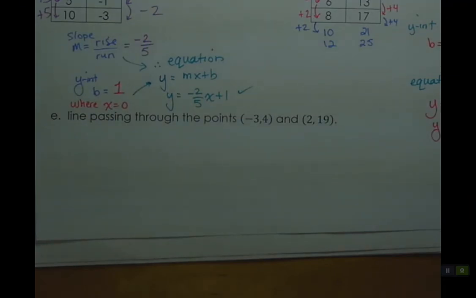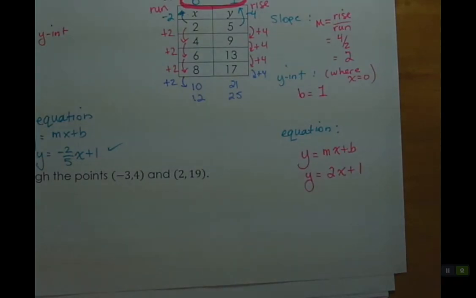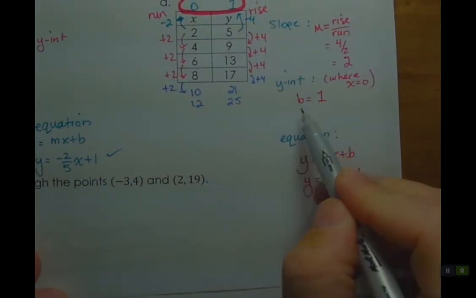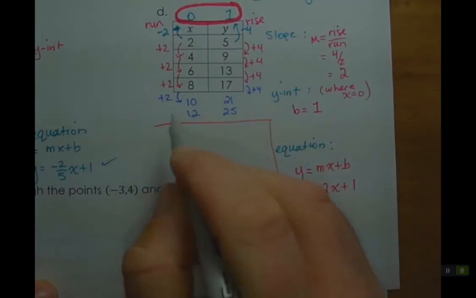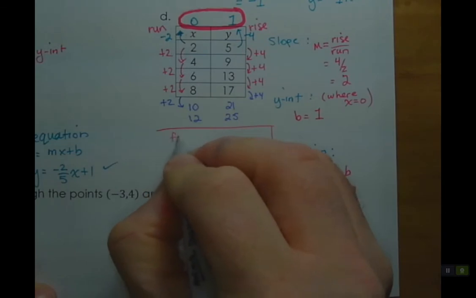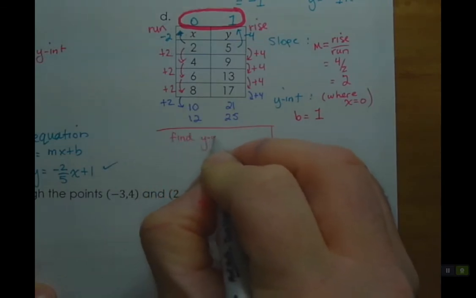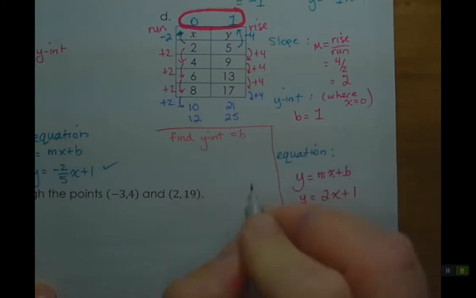So one of the things that we're going to look at is there's another way of finding this answer for my y-intercept. I want to kind of take it aside a little bit because that's going to help us find that. We know to find the y-intercept, we want to find b.